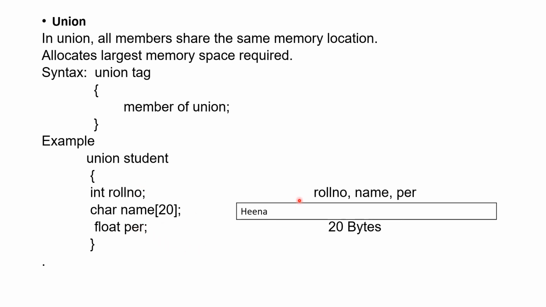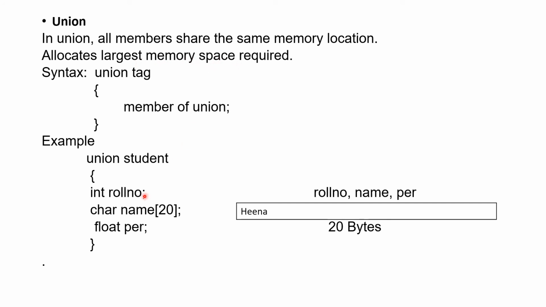It allocates combined memory for all these members of the union. So these three members share the single memory. Here you can see the roll number, name, and percentage share the same memory. It allocates the memory required for the largest member; it allocates that much memory.